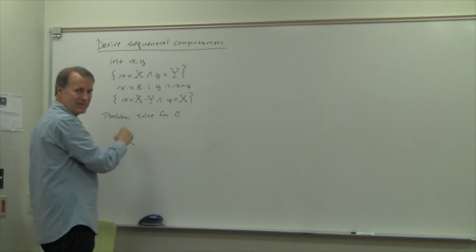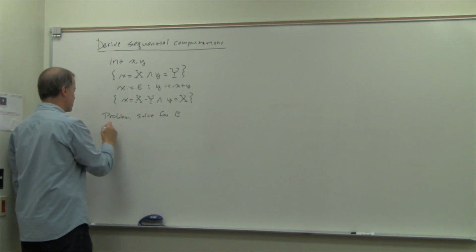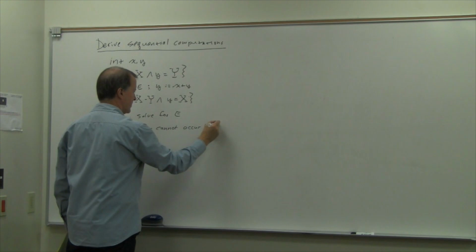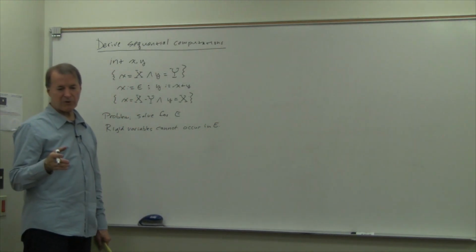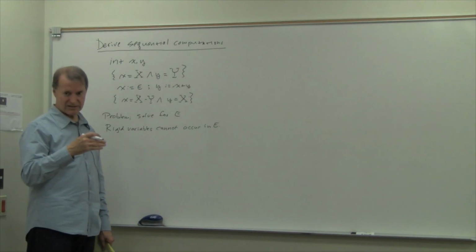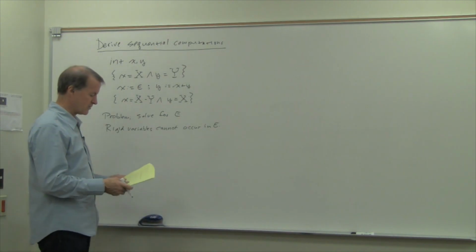As a general rule, rigid variables cannot occur in e. That's different from constants. We had an example before where we had a and b, and those were const int. It's legal for those to appear, but not for rigid variables.